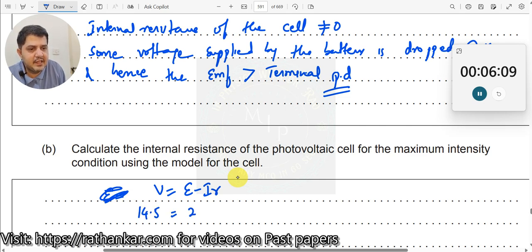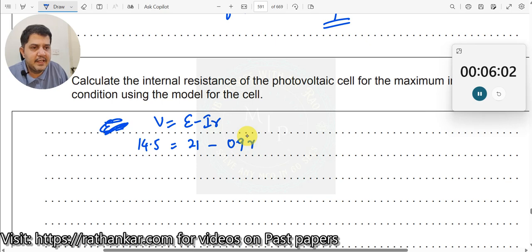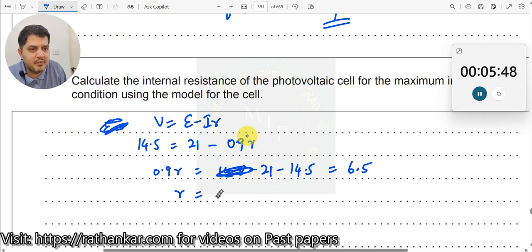E is 21 volt, minus I, the operating current, which is 0.9, multiplied by R. So 0.9 times R is equal to 21 minus 14.5, which is around 6.5. So R should be 6.5 divided by 0.9. How much do you get? Let me take my calculator.